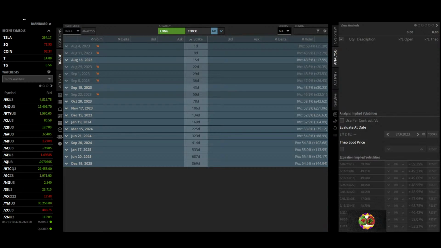Like 2 years of profitability, you could get funded easily. But there are prop firms out there that don't care if you're profitable or not. They'll take your money, right? It costs $500 to get $10,000 of buying power. They'll take your money and they don't care if you lose it or not, because it's not real money.